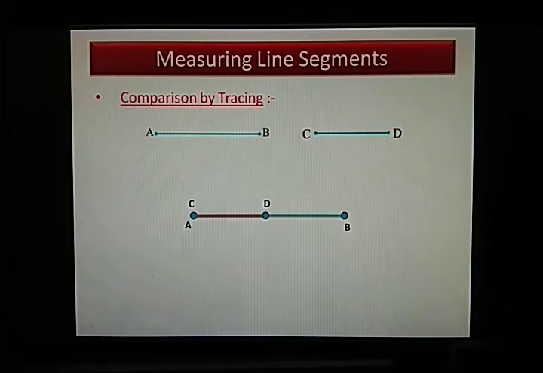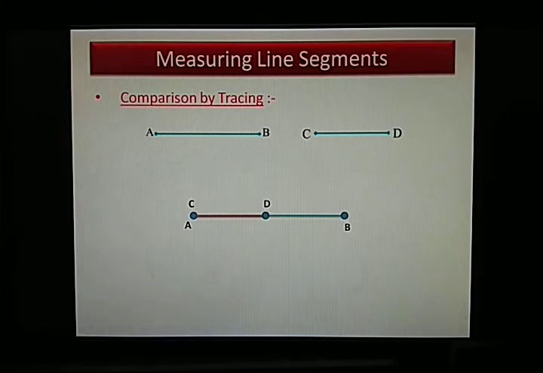So in most cases what happens is that if we draw it freehand, sometimes the line segment may not be straight. Also there are errors of placing this over the other line segment which you are going to compare, as well as other difficulties, such as the availability of tracing paper.